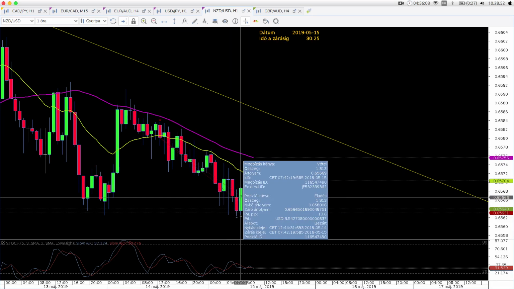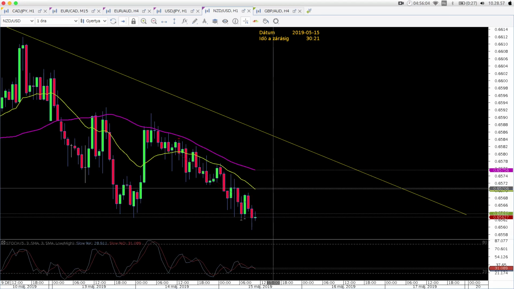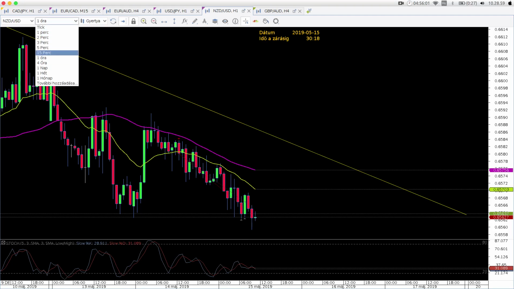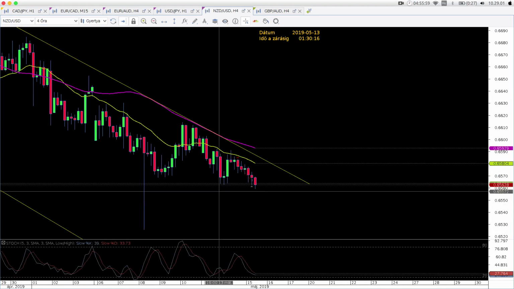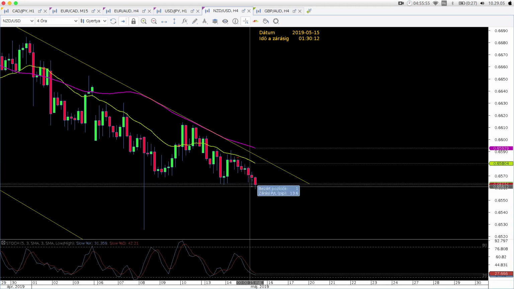I opened two positions, as I do, because this move compared to this move is weak. I closed it just because of the price action move.